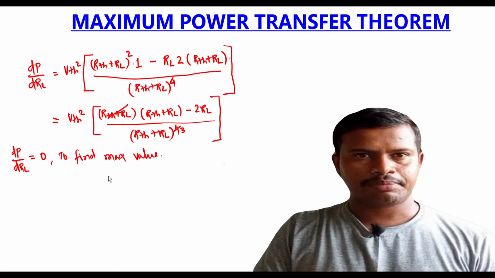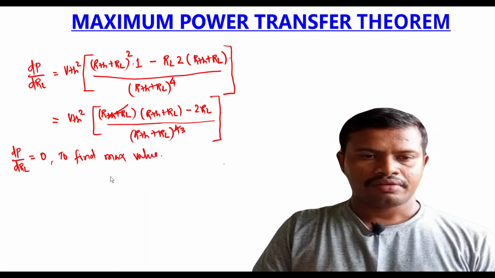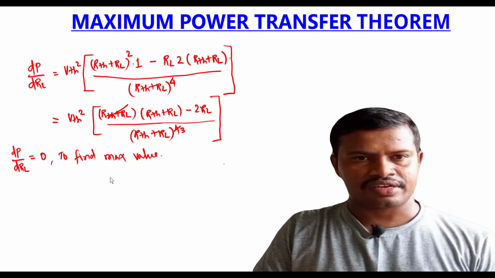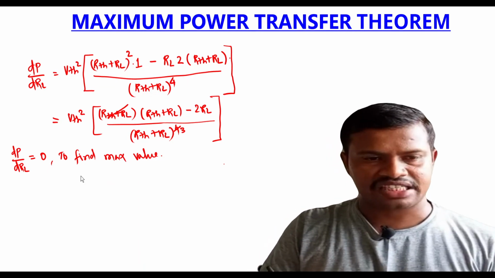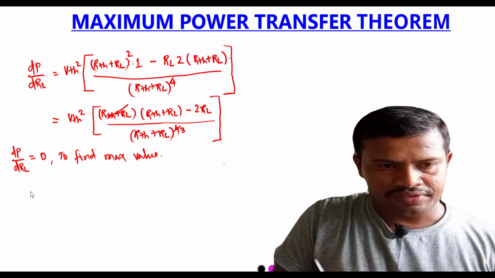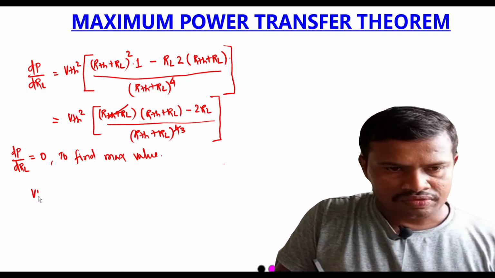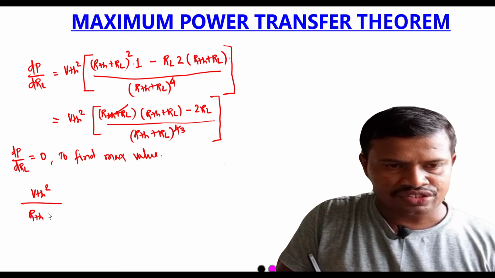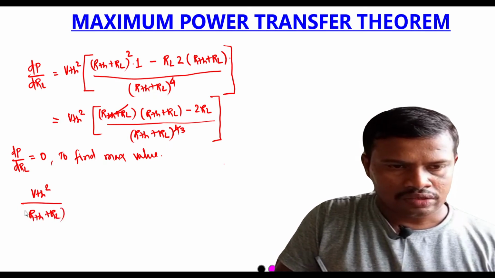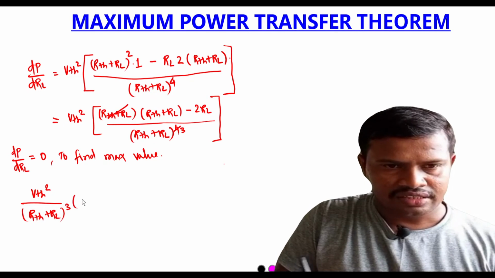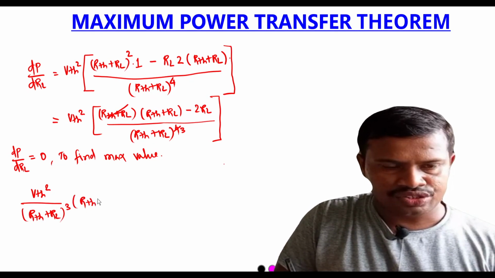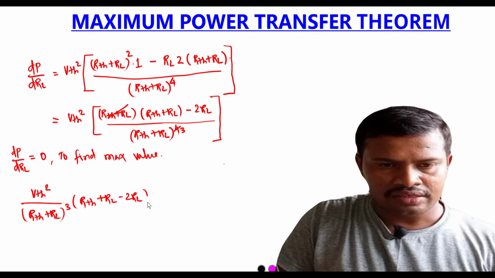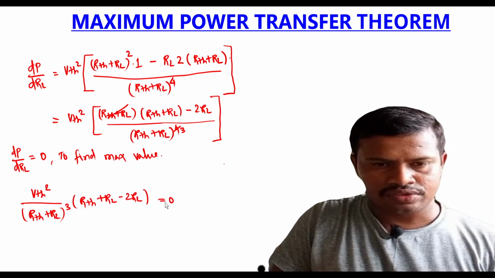When we equate dP by dRL equal to 0, we will find the resistance value at which the load receives the maximum power. So we will equate it to 0: VTH square divided by RTH plus RL whole to the power of 3, into RTH plus RL minus 2RL, is equal to 0.